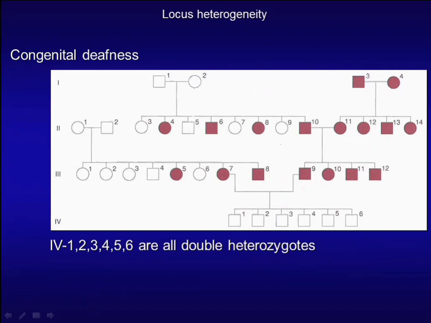The reason why this has happened is that woman 37 carries different disease-causing genes compared with man 39. As a result, their children are all double heterozygotes.